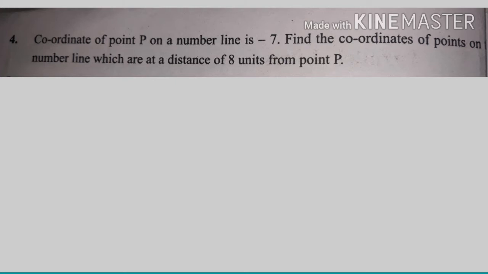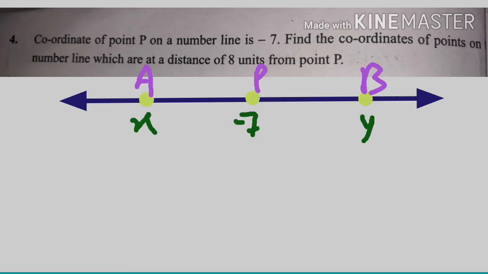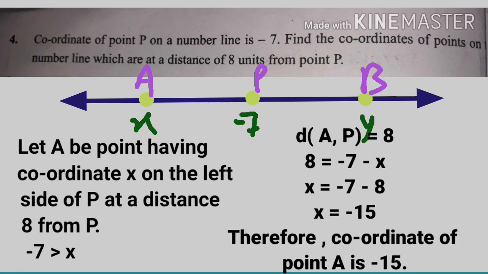Number 4. The coordinate of point P on the number line is -7. Find the coordinates of points on the number line which are at a distance of 8 units from point P. Here I draw a figure. Observe this. Coordinate of A is x, coordinate of B is y, and P is -7. Let point A be the point having coordinate x on the left side of P at a distance 8 from P. Here -7 is greater than x and distance AP equals 8.